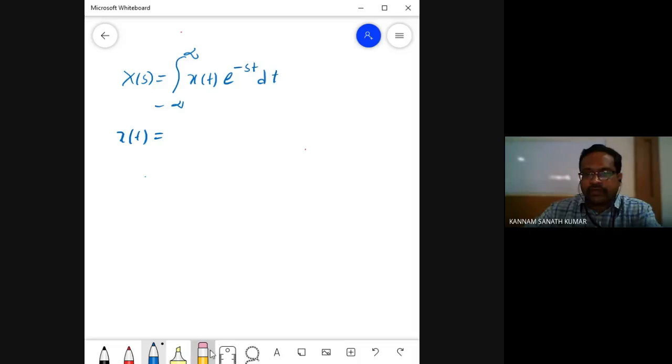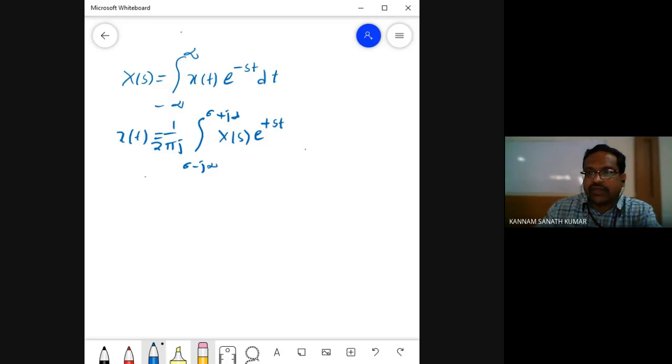The formula is 1 by 2 pi j, integration from sigma minus j infinity to sigma plus j infinity, x of s into e power plus st ds. So these are the basic formulas to calculate the Laplace transform and inverse Laplace transform.